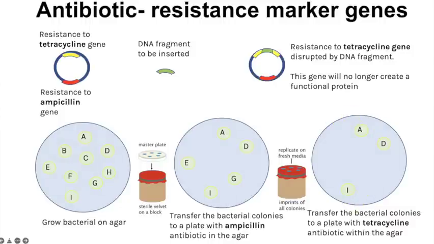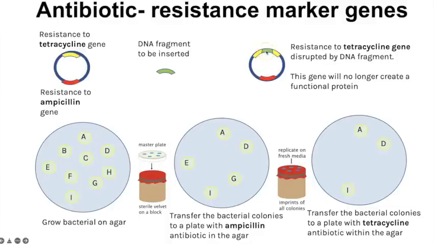So we can analyse these 3 agar plates and the different colonies that are present to work out which of those bacteria didn't take up a plasmid at all, or which took up the plasmid but it didn't have the DNA fragment inserted in it, or which took up the plasmid and it did have the DNA fragment inserted in it, because that is the one that we're interested in.